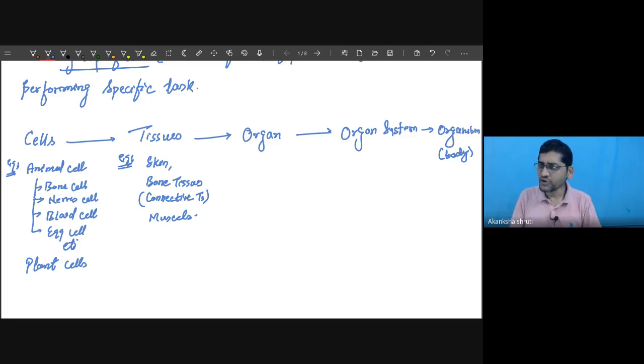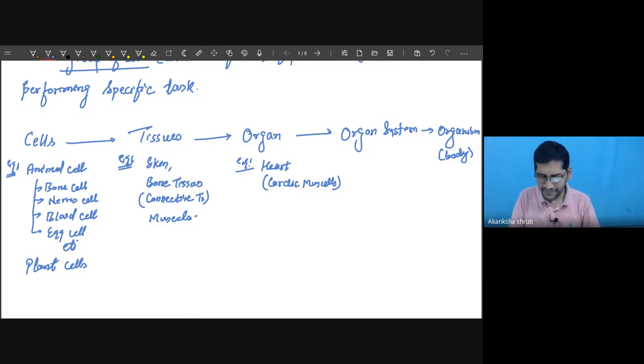Now these tissues combine to form organs, like the heart. It consists of a specific kind of tissue called cardiac muscles. So cardiac muscles combine to form the heart. Okay, the bicep and tricep muscles in our body.